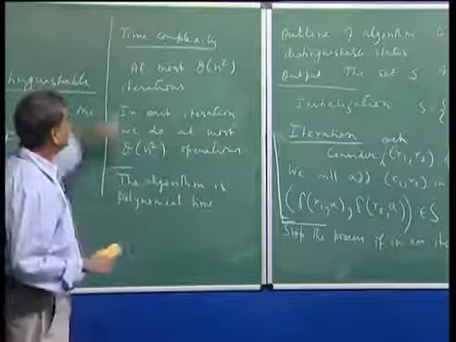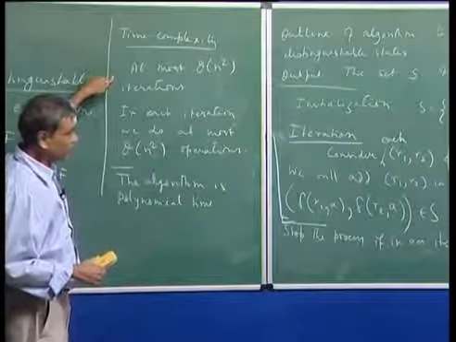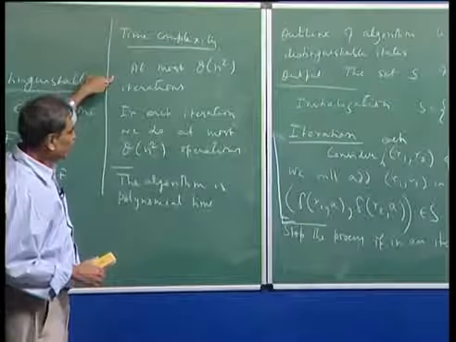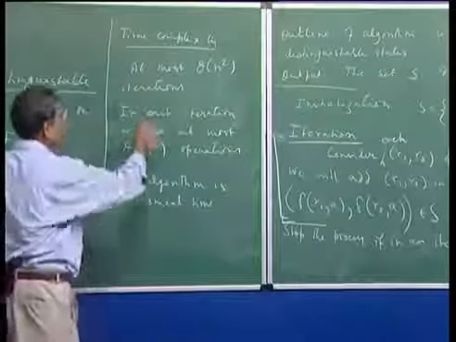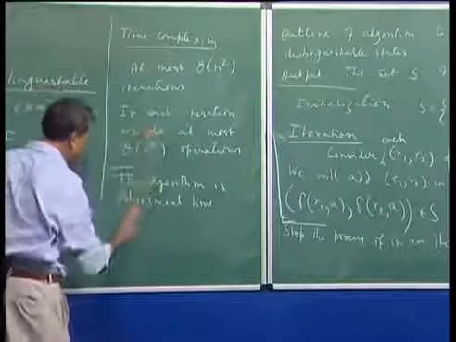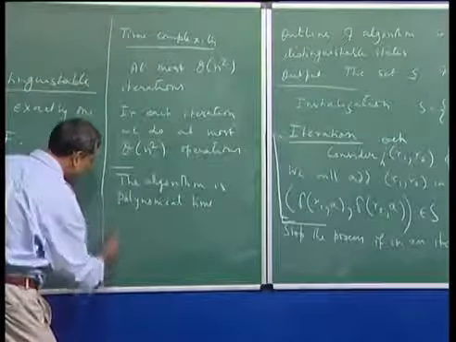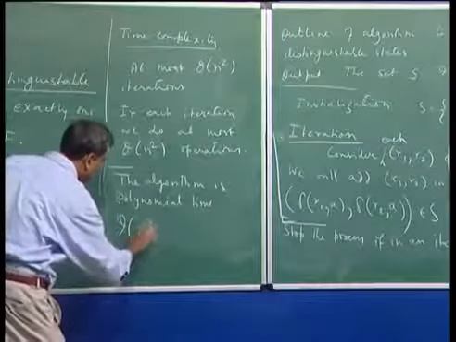But what I said is kind of pessimistic, right? You should be able to see that the algorithm, the way I have described it, looks like order n^4, but actually it is order n cube.